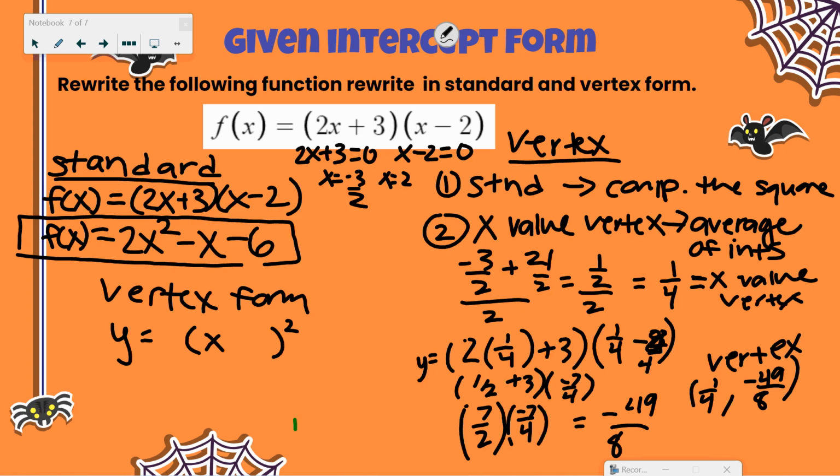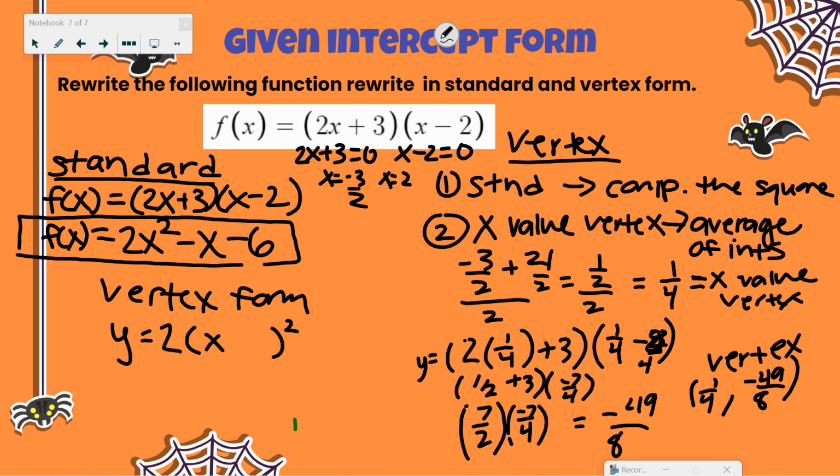What would your a value be here? 2. How did you find 2, Liam? It's just in front of the x. Good job, it's in front of your x squared. So if you see here, you would have 2x times x, which gave you 2x squared.